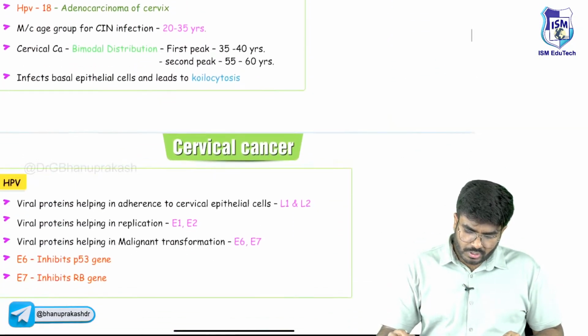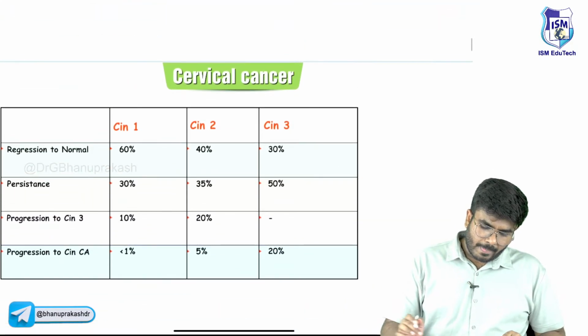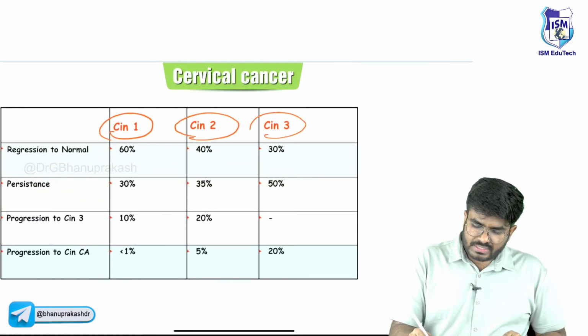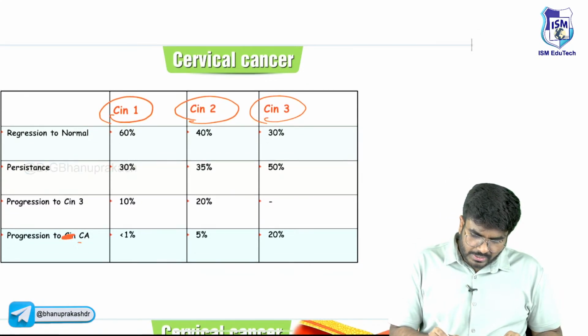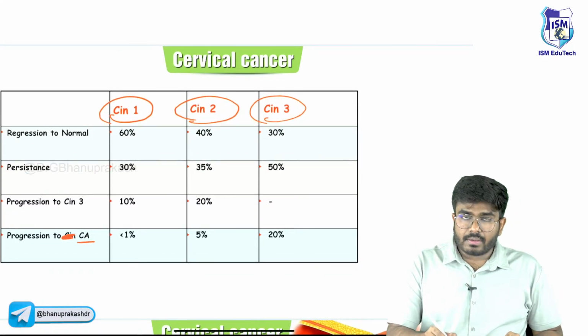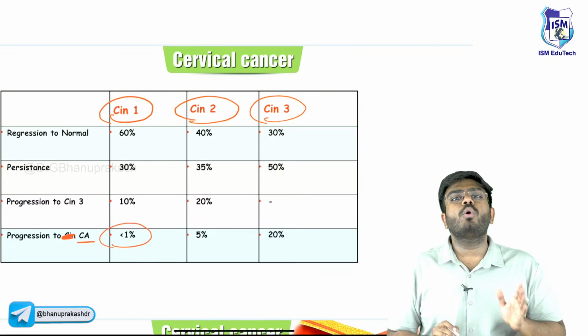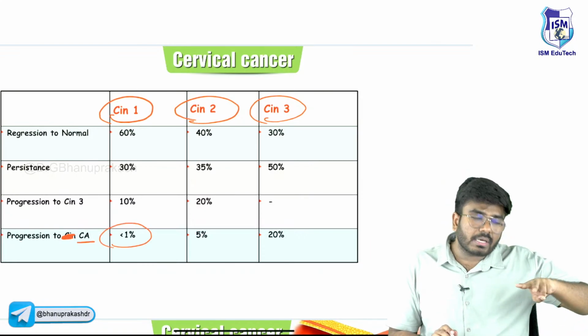It's because, let me tell you, here I have shown you CIN1 to 3. So what is the chance of progression into carcinoma? For CIN1, there is a chance of less than 1% of turning into cancer.